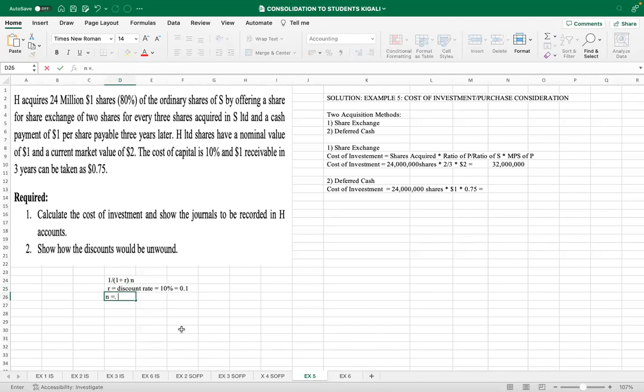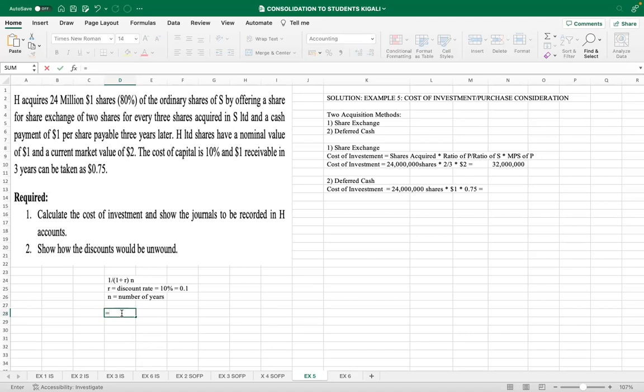N is the number of years. I'm doing this because in another question, you will not be given the 0.75.